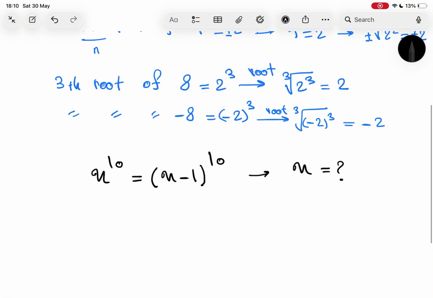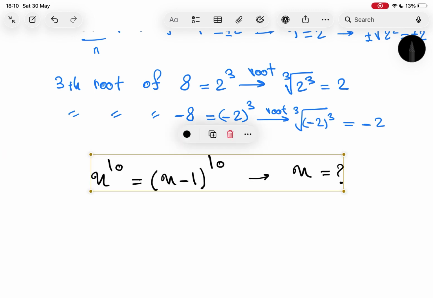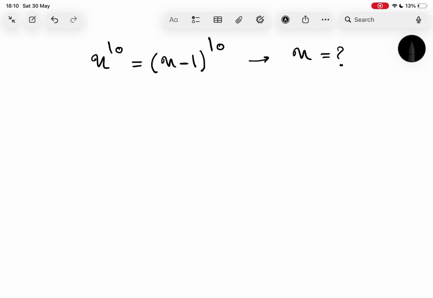Now, with this important idea in mind, let's go back to the main question and solve it. We have this equation. Now, because we have x to the power of 10 on the left side and x minus 1 to the power of 10 on the right side, we are going to take the 10th root of both sides. Why the 10th root?